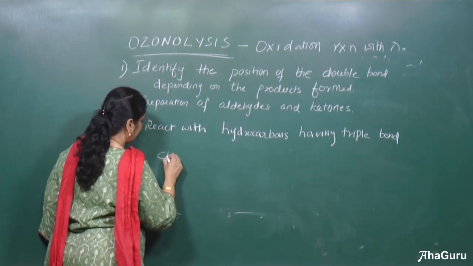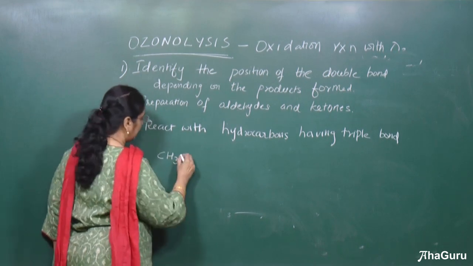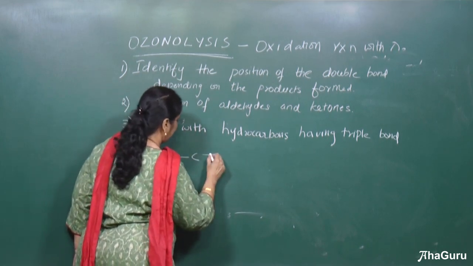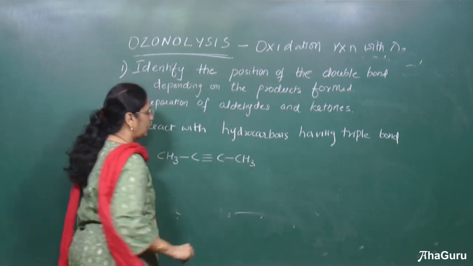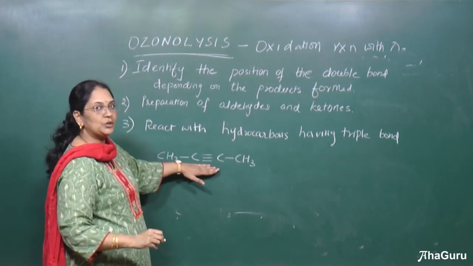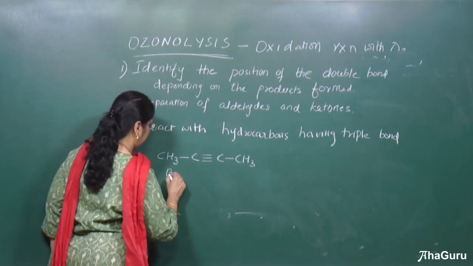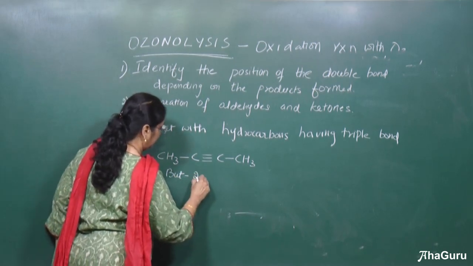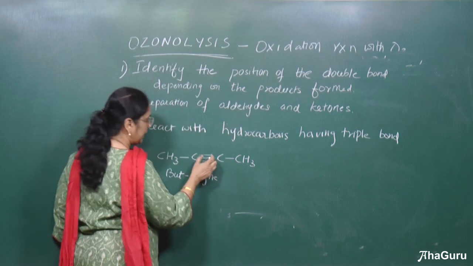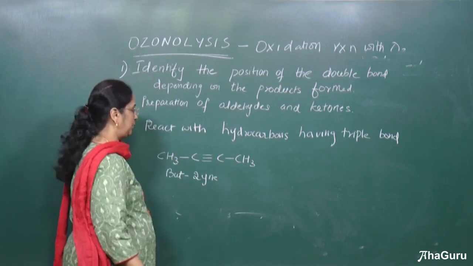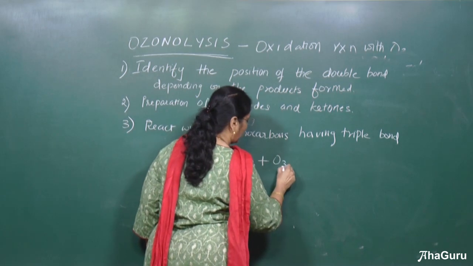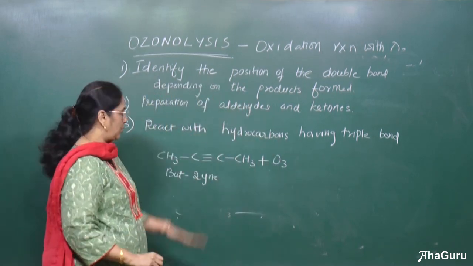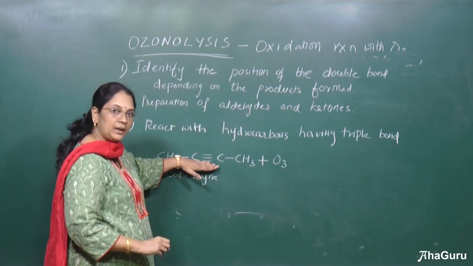So, let us take an example with a triple bond. Let us take this compound. Okay. So, this is but-2-yne. That is, in the second position we have a triple bond. This is little tricky. When I react with ozone, as I told you the concept, it will cleave only the double bond.